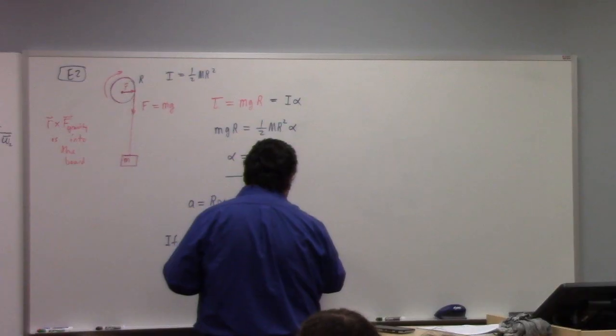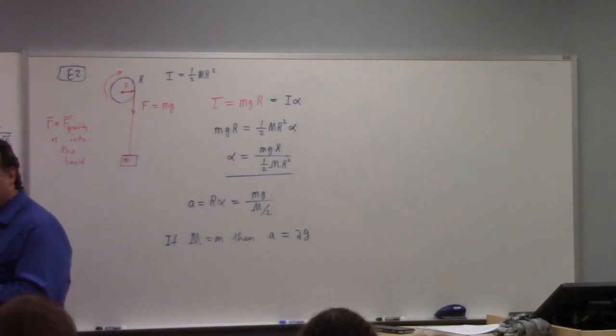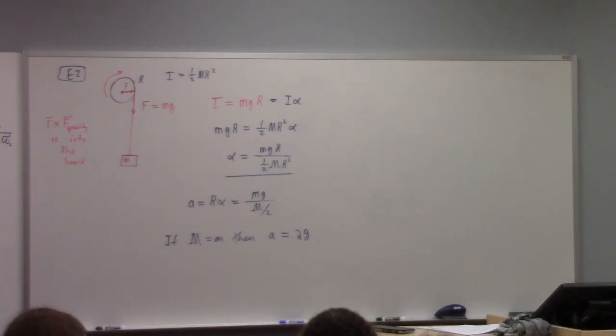Does that feel wrong? It should feel wrong to you guys. It feels wrong to me. I am pretty sure it should be g over 2. It should be slower if it's not free falling. If it's having to spin up the pulley, it shouldn't be free falling, and it shouldn't be double free falling. There's a mistake here. And with that, we'll end class.